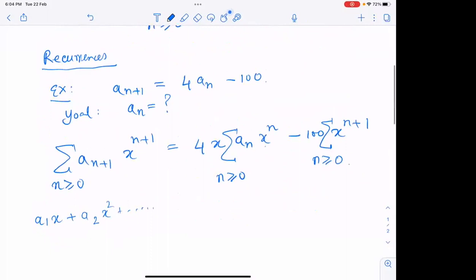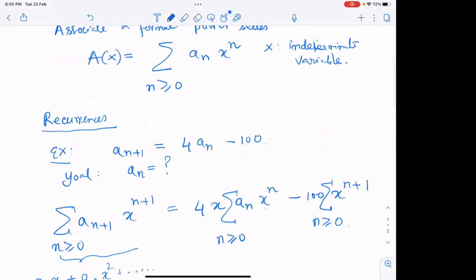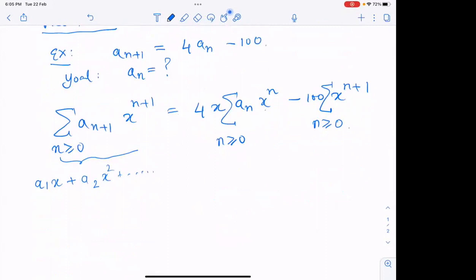Right? So this term is really like this: A(x) is the complete sum starting from n equal to 0. Since it starts from n equal to 1, this is essentially A(x) minus a_0. And then you have 4x, and this term is precisely A(x).